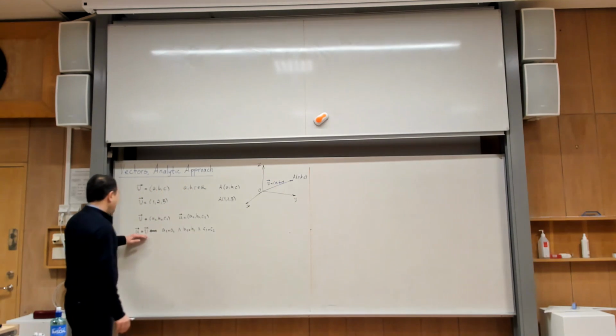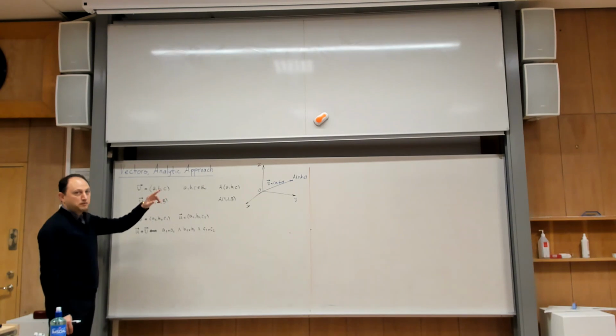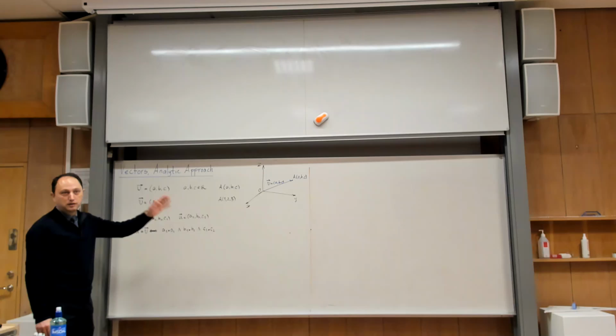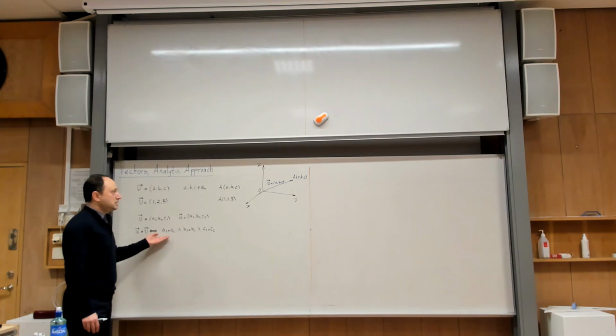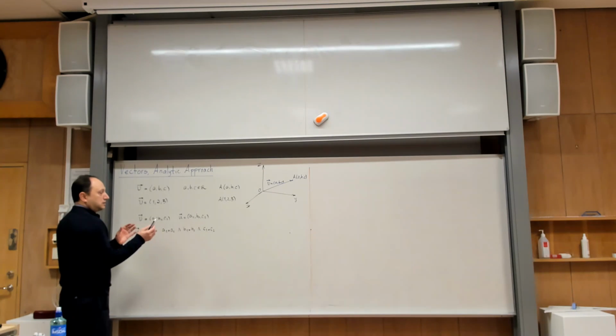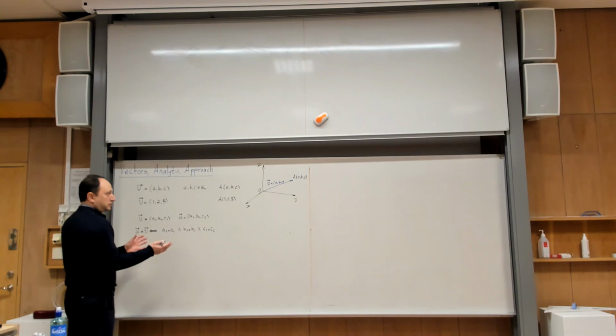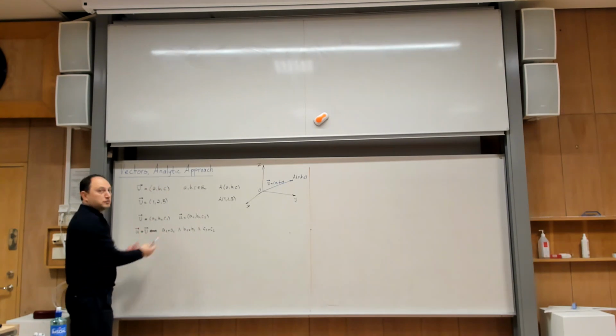This is equivalent to our definition of two vectors being equal, meaning that they have to be of the same length and they have to be parallel and pointing to the same direction. This mathematically is equivalent to that definition, so I will say that the definition of equality of two vectors translated in this analytic approach will give me this.